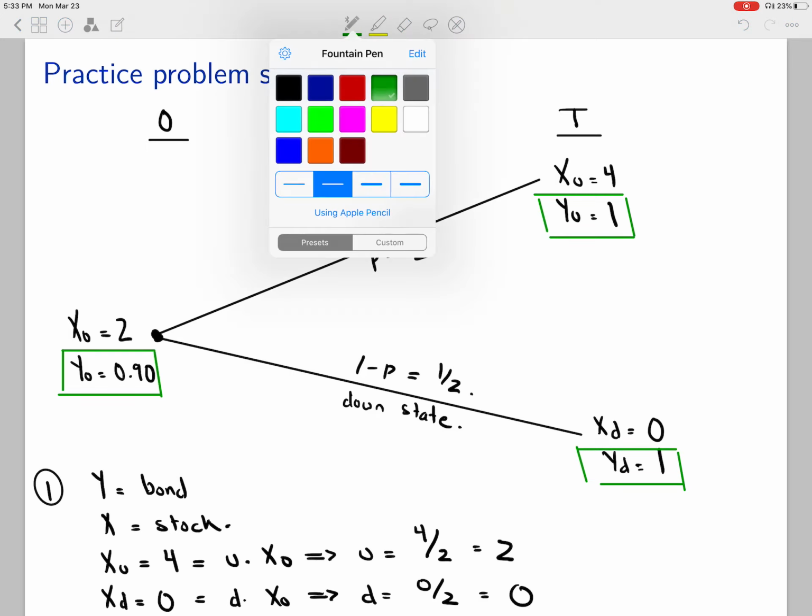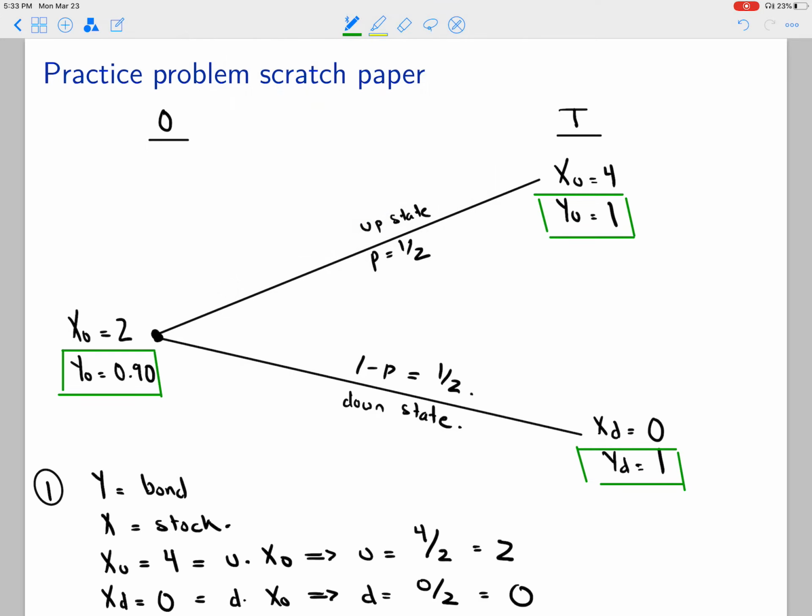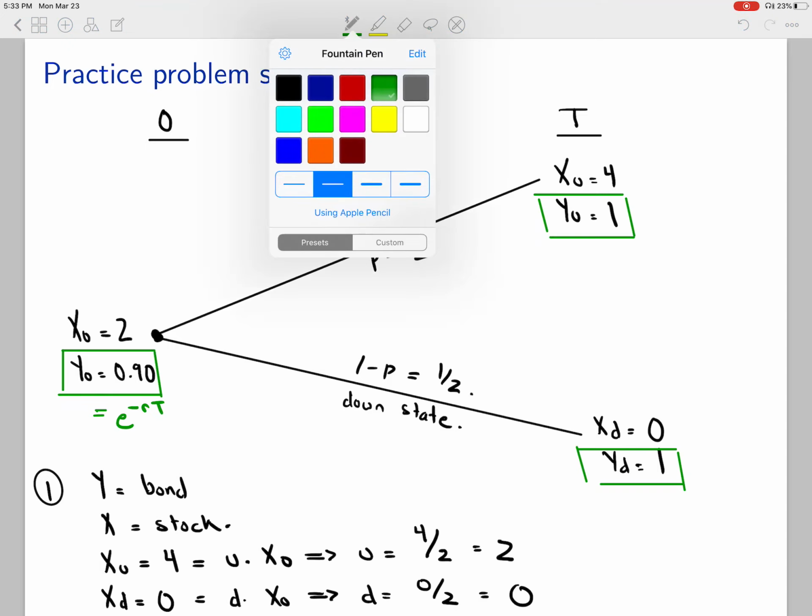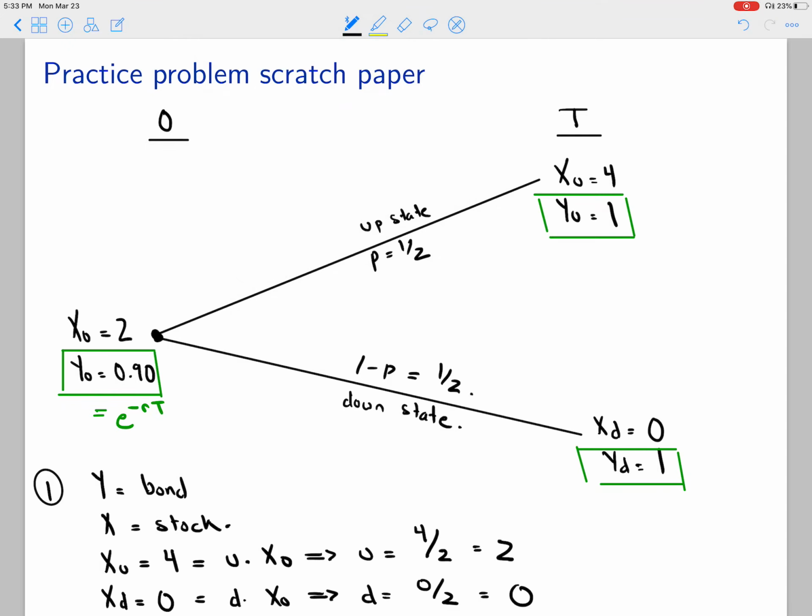And we know that the bond's price from the slides before has to just equal the discounted present value of the $1 payment. It's e to the negative r times t. So to calculate what the risk-free rate is, all we need to do is solve this one equation, one unknown. We have that y0 is equal to 0.9. It's actually going to be 2 unknowns, is equal to the discount bond price e to the negative rt.